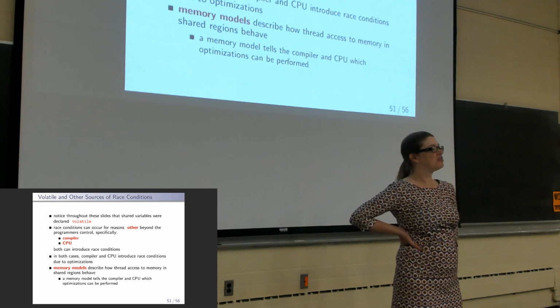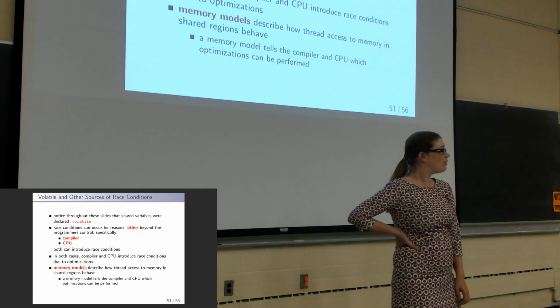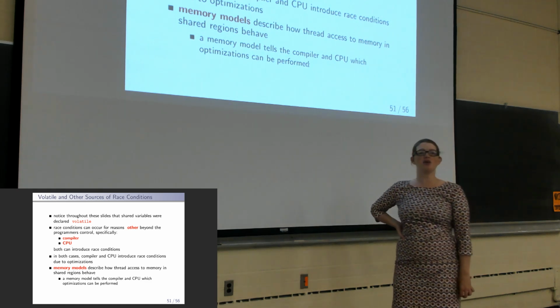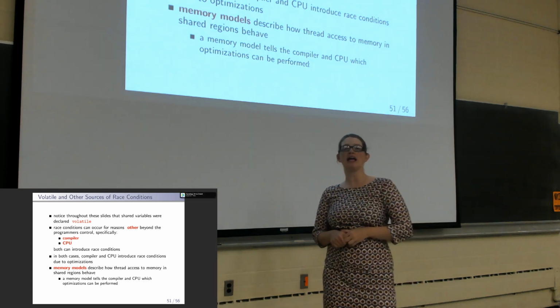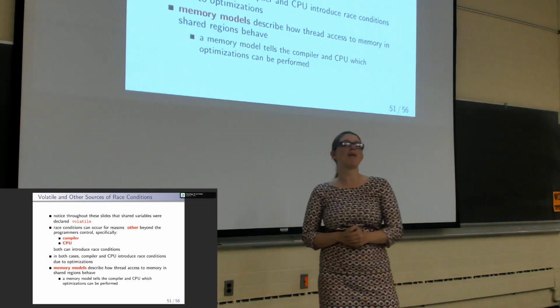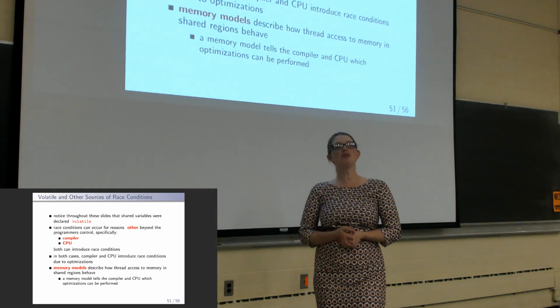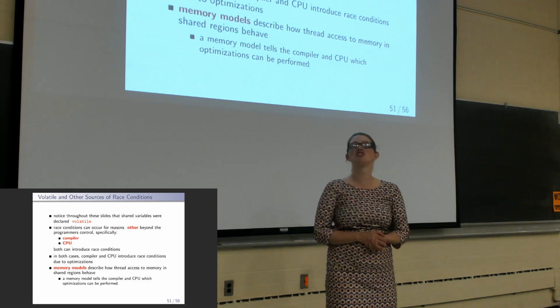It also reorders the instructions. Because what we have realized is that if the CPU can know what loads and stores are upcoming, the CPU can rearrange them such that they will actually perform better. So your CPU is reordering loads and stores, which means your CPU just introduced a race condition into your code.